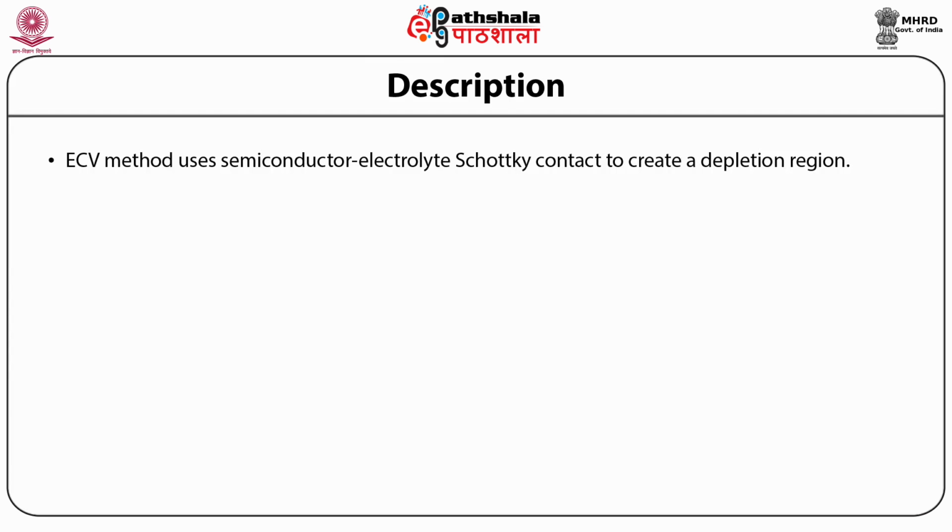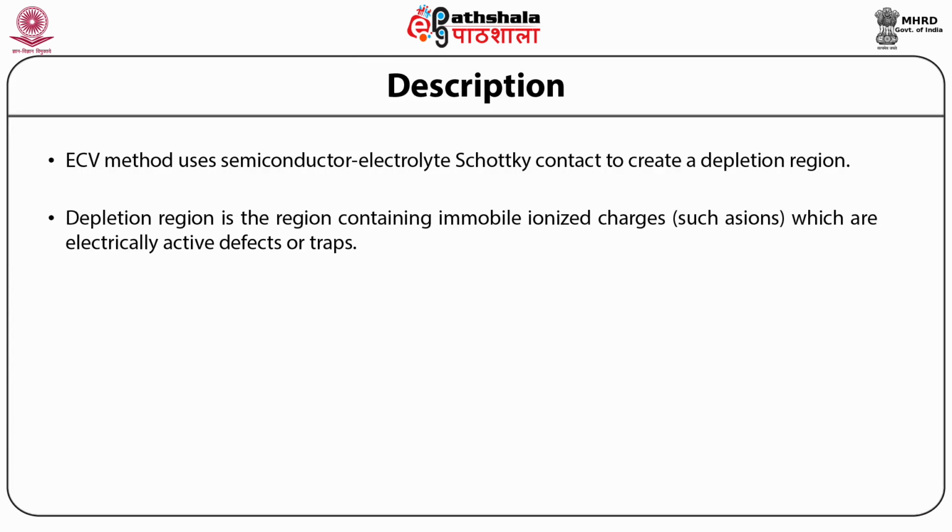The ECV method uses a semiconductor electrode Schottky contact to create a depletion region. The depletion region is the region containing immobilized ionized charges such as ions, which are electrically active, defects, or traps.